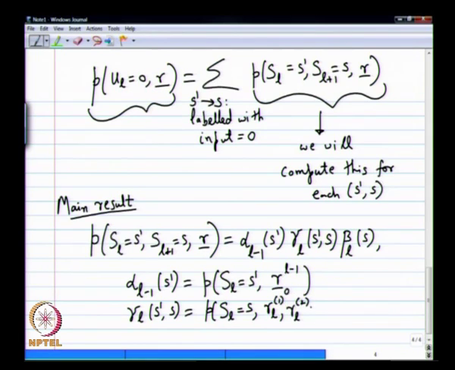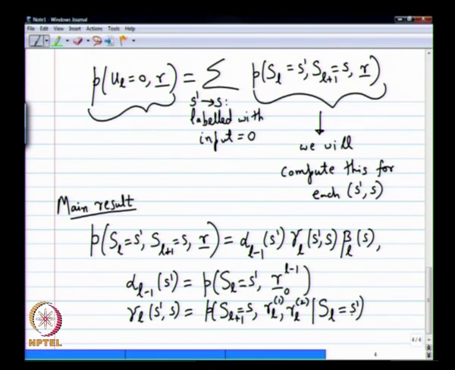What I mean by R_L1, R_L2 is the output at the Lth point, given that S_L minus 1. Did I make a mistake here? I think this is S_L minus 1, I am sorry. Oh, no, it is S_L, sorry. The next one will be S_{L+1}. Yes, you are right. This will be S_{L+1} given S_L equals S prime. Thanks for pointing that out.